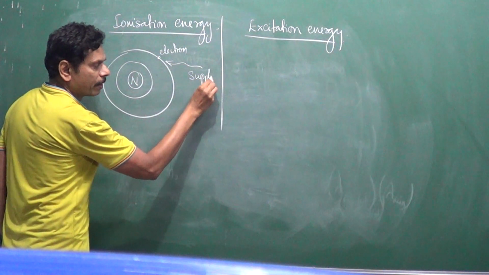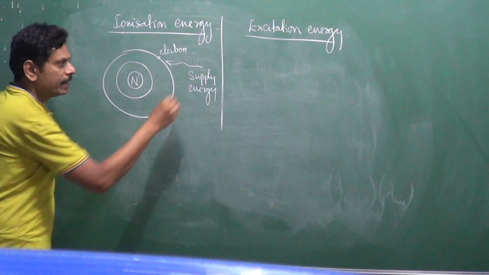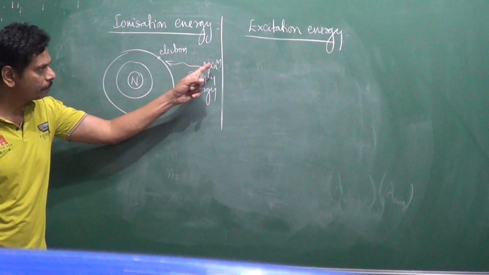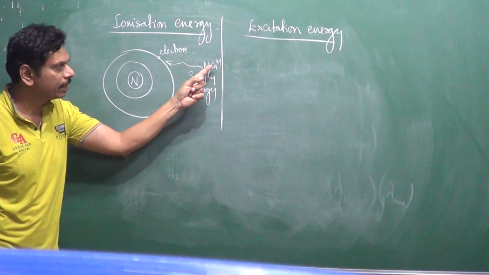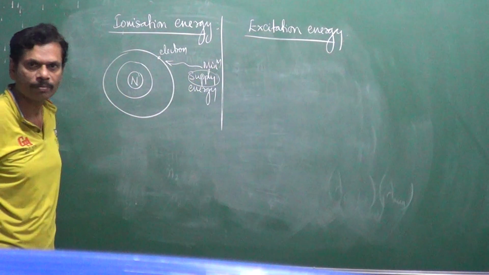So let us supply energy from outside. There is a minimum energy that we have to supply. How much is the minimum amount of energy that we are supplying here?